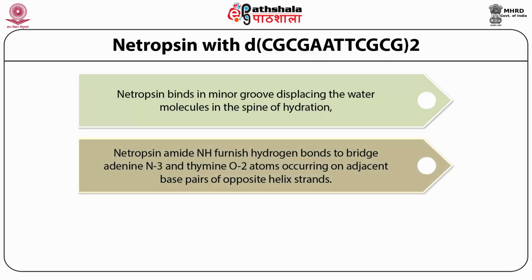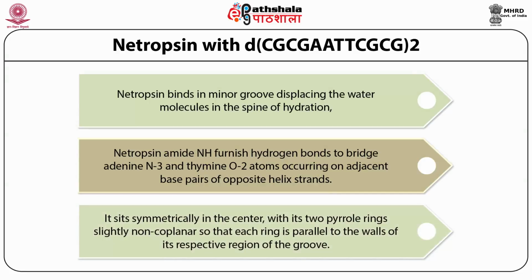Netropsin amide NH furnish hydrogen bonds to bridge adenine N3 and thymine O2 atoms occurring on adjacent base pairs of opposite helix strands. It sits symmetrically in the center with its two parallel rings slightly non-planar, so that each ring is parallel to the wall of its respective regions of the groove.